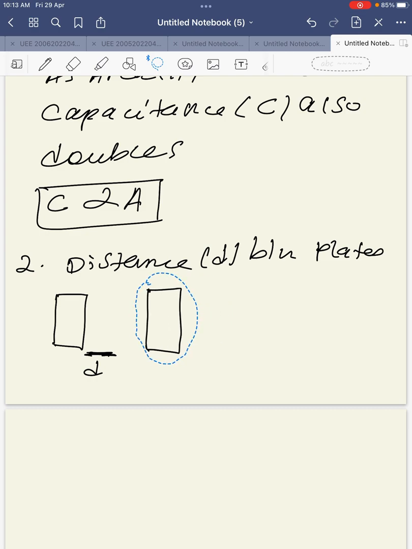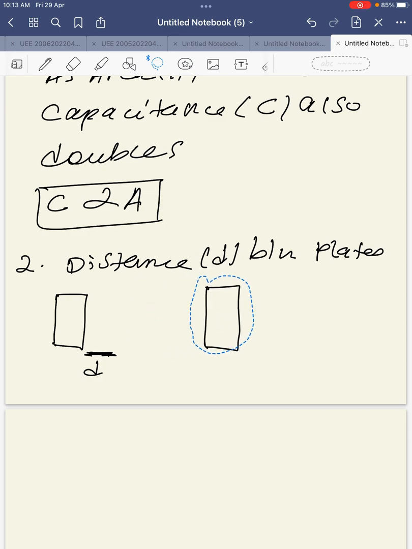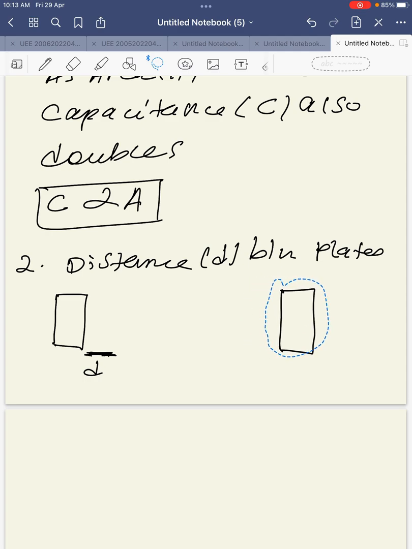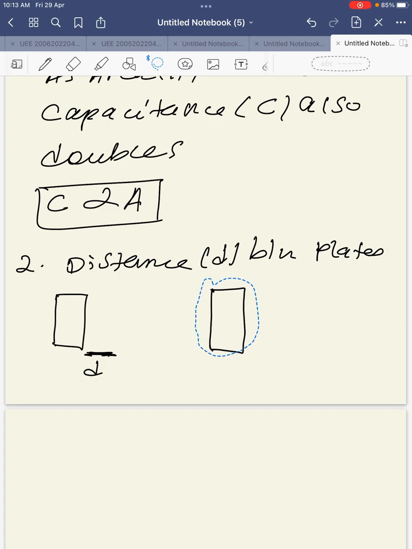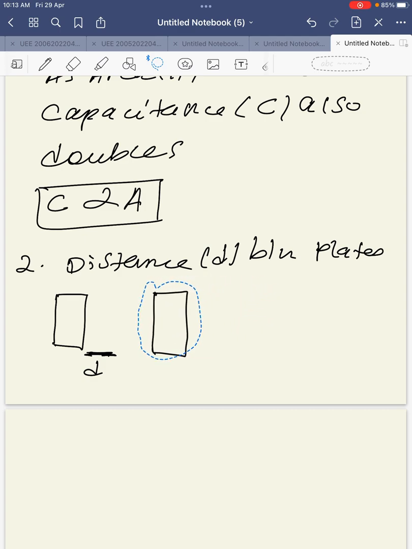Because as the distance between the plates increases, the voltage between the plates increases, keeping the charge constant. Capacitance decreases when we make the two plates further apart, and capacitance increases when we bring them closer.